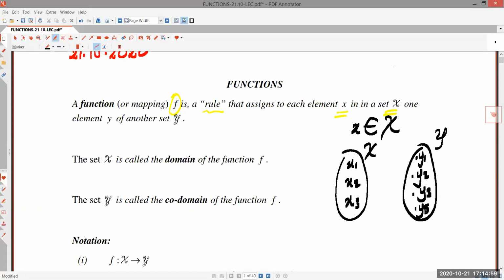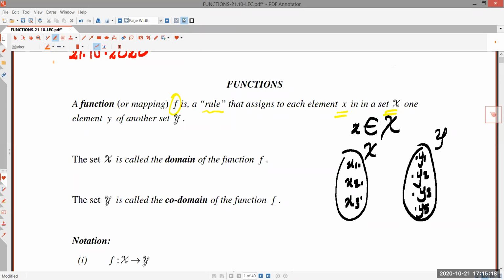If we define a function, we talk about a rule that assigns each element of X into elements in Y. And when we don't have a function, let me show it to you.